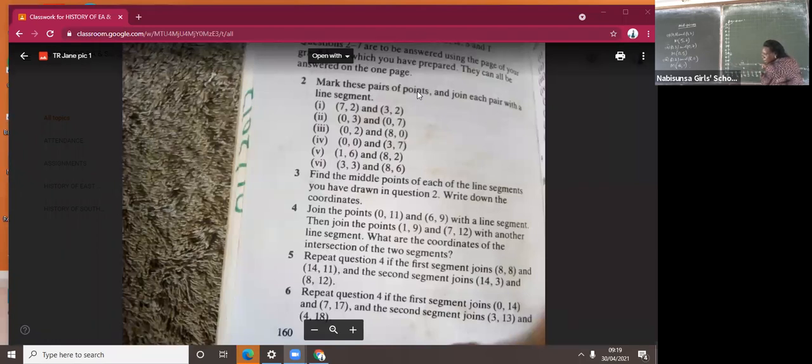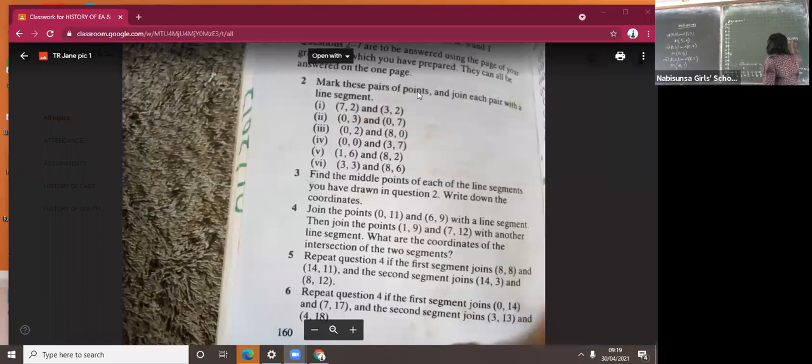8 steps across. Then downwards, we are moving from here up to here. So how many steps does this make downward? 2 steps. Now we have taken 8 steps across and 2 steps downward.